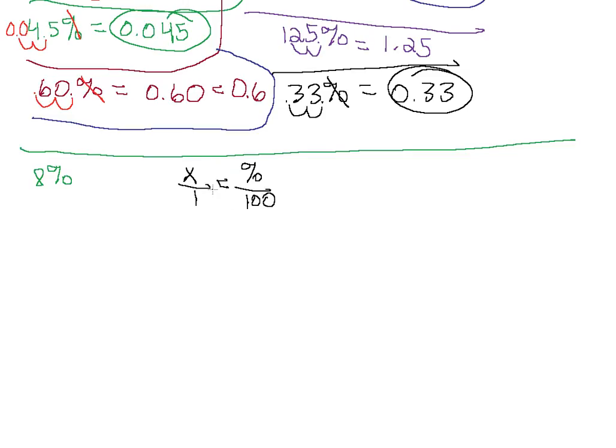Now, we can cross multiply and solve this, but I propose that if we can find an easier way that uses less math, then let's do it. How about we drop the percent sign and put our number over 100? All we have is 8 over 100, and we can simplify this to 2 over 25.